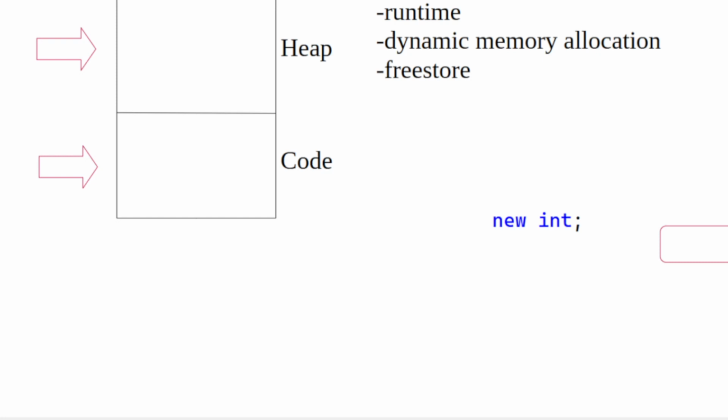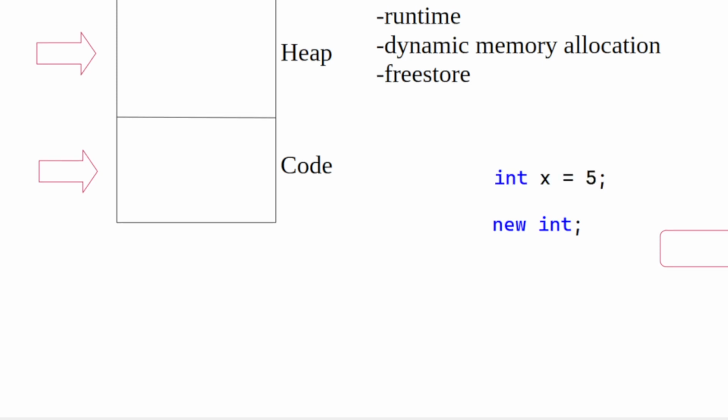To access this memory, you need to either have an identifier to refer to the memory space, like in x equals 5, or you need to have something that can point to this memory space. The way to access this memory is to use a pointer.